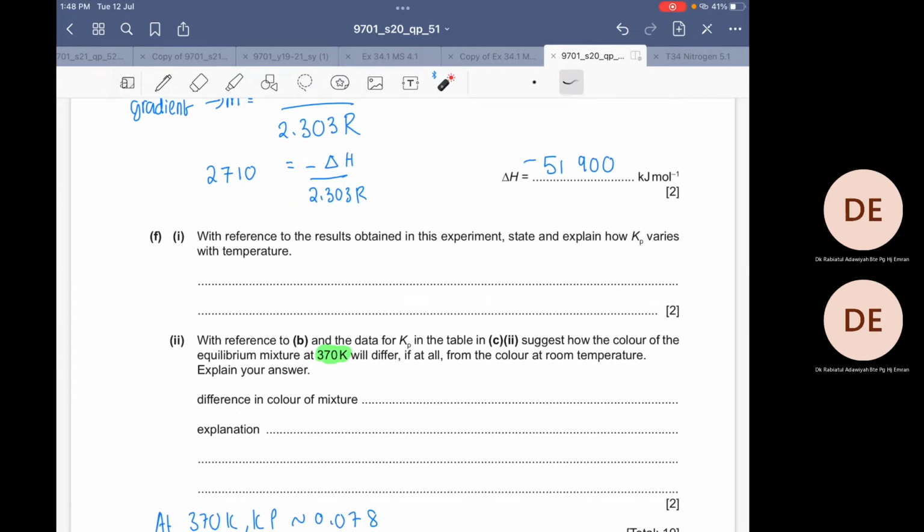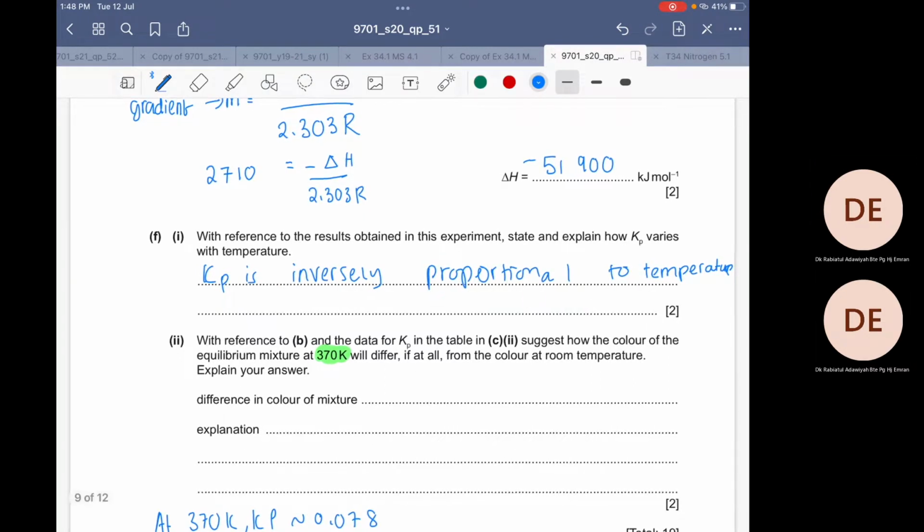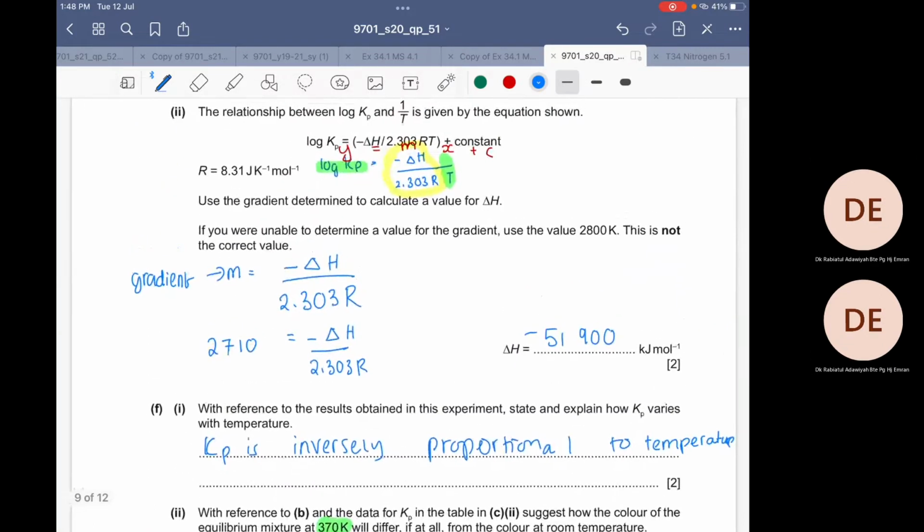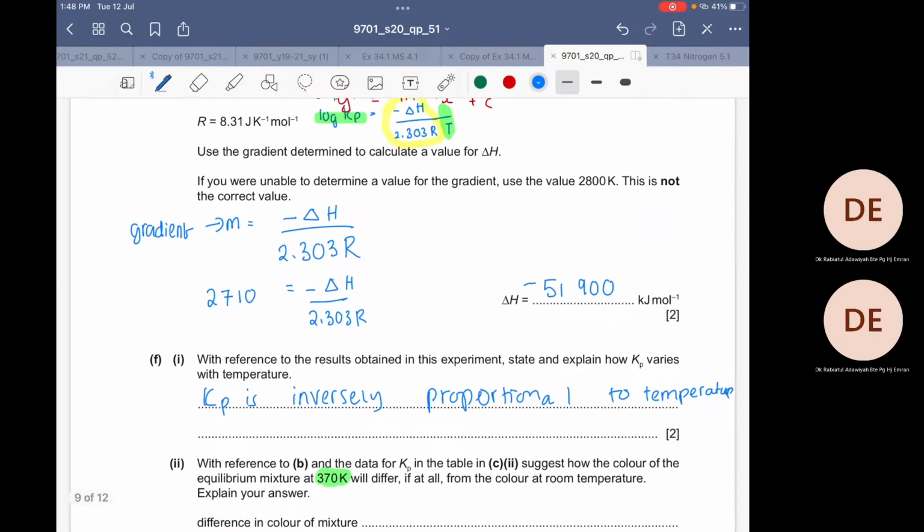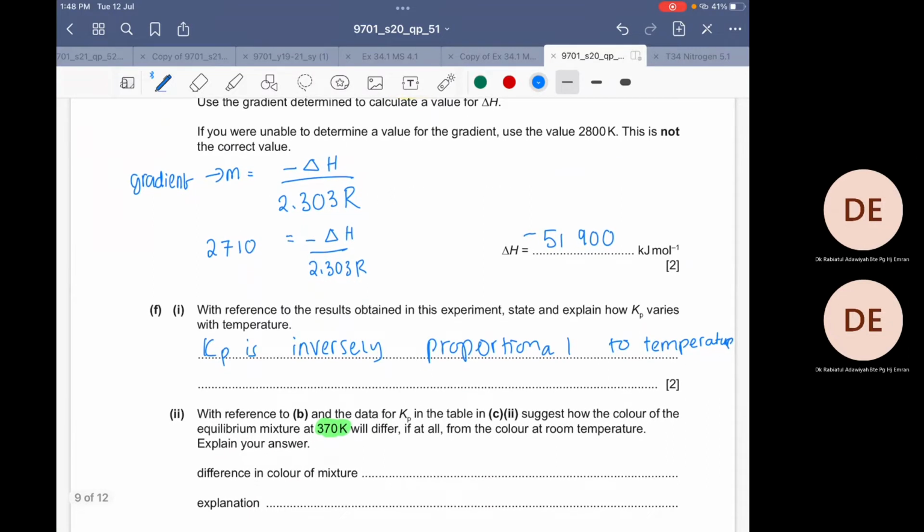So we say Kp is inversely proportional to temperature. State and explain. Explanation. Kp is inversely proportional to temperature.